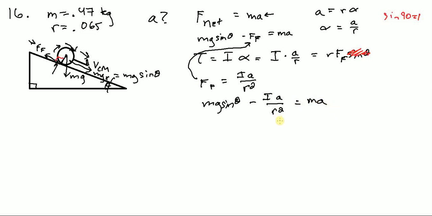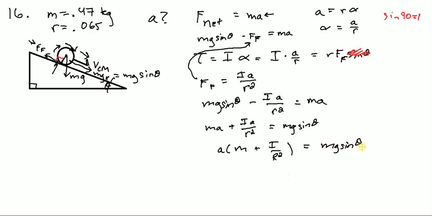All right, and then we're trying to find a, right? So we can put all the terms with a on one side. So we've got ma plus I a over r squared equals mg sine theta. And then you've got a times m plus I over r squared equal to mg sine theta.